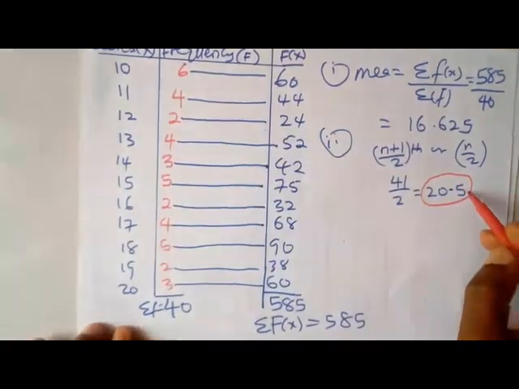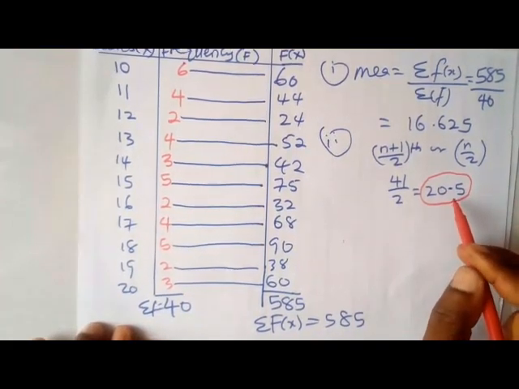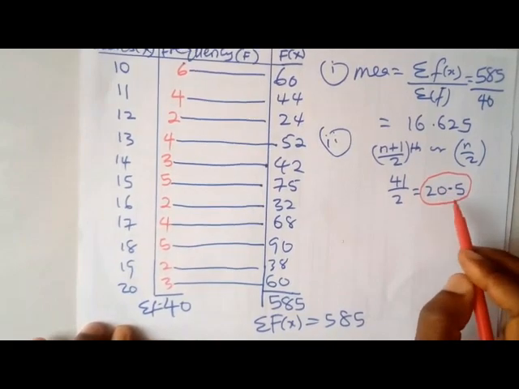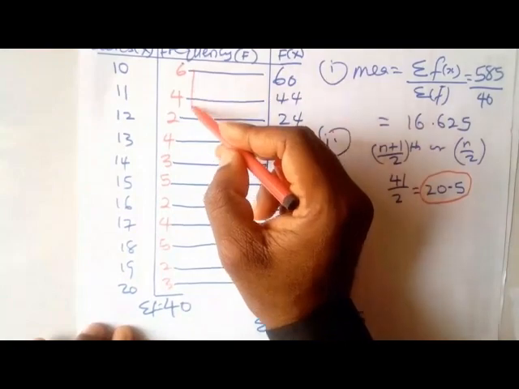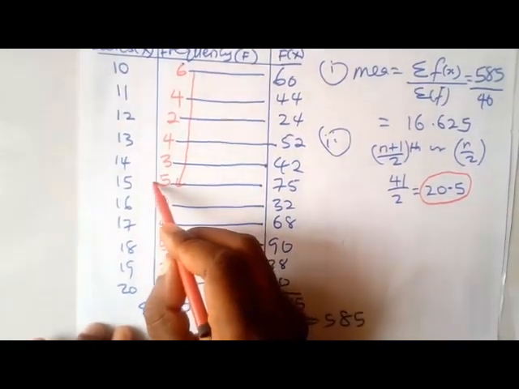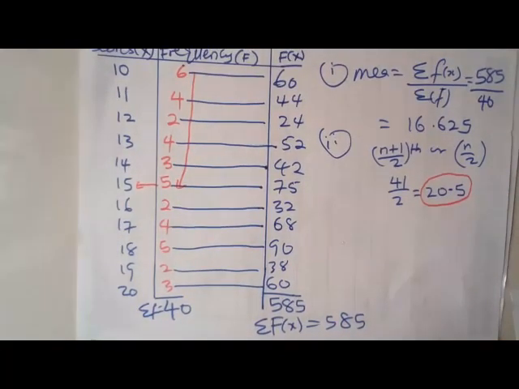This is where the number lies, so it must not be 20.5 exactly. That is the range where the median can be found. From here, this is where 20.5 lies. So which means the median is going to be what? 15.